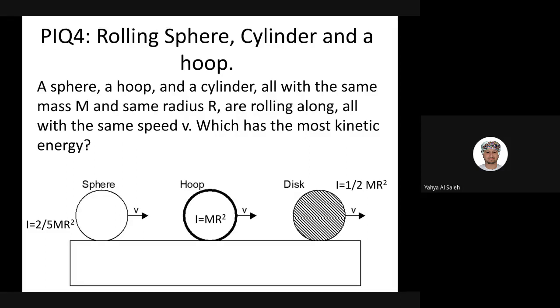Let's do an application. If we have a sphere, a hoop, and a disk, they're all rotating, and they all have the same mass m and same radius r. Which one has the most kinetic energy? Sphere, hoop, or disk?